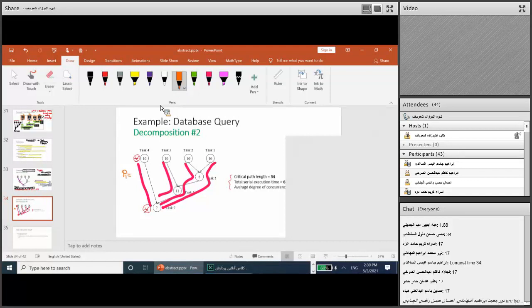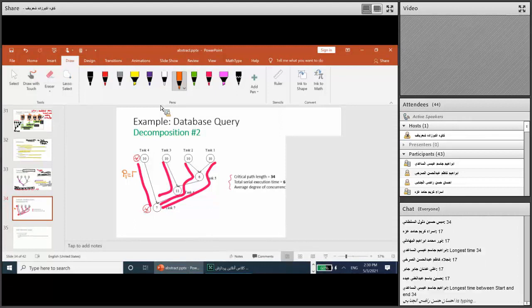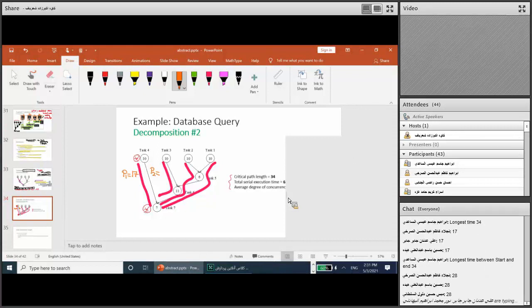What is the execution time of path 1? 17, as all of you said. What is the execution time of path 2? 10 plus 11 plus 7 is 28.